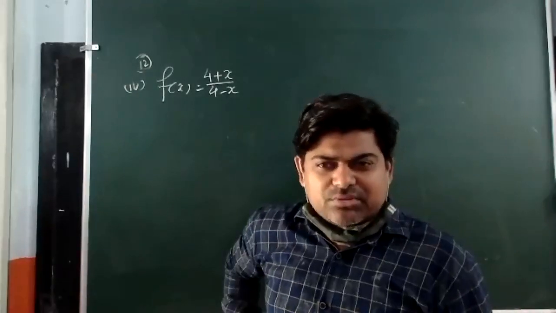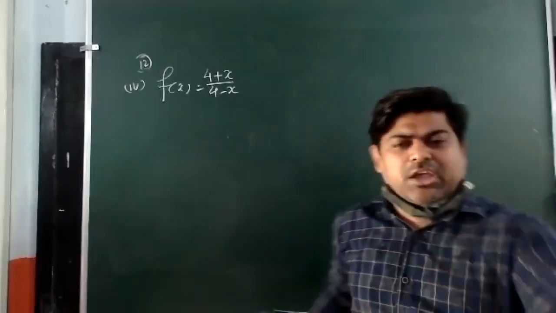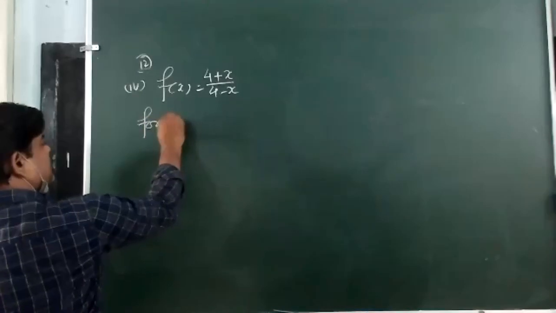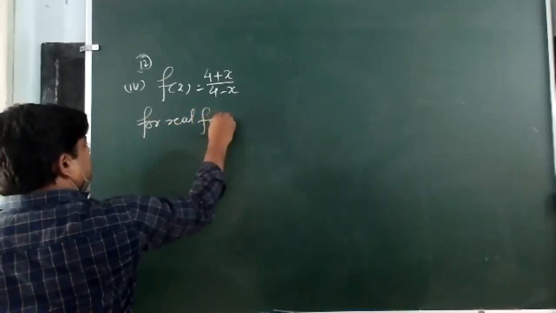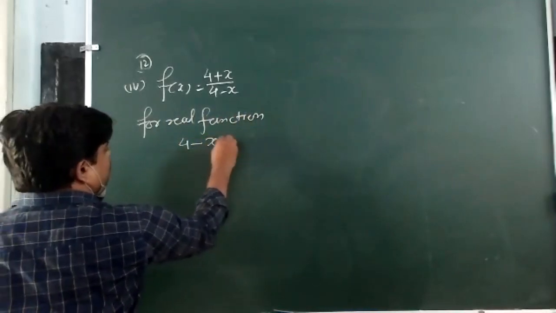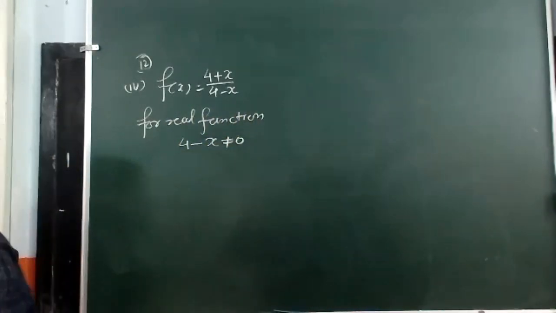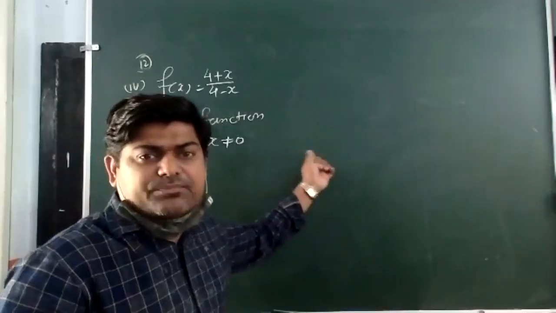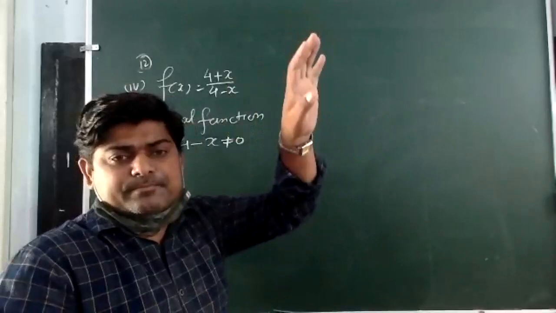What about the negative? Again, I am just going to do the same thing. For a real function, what should I write? 4 minus x should not be equal to 0. Now you see, for every value of x, f(x) will be defined except 4.